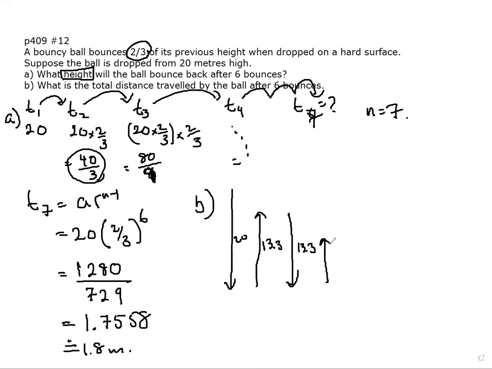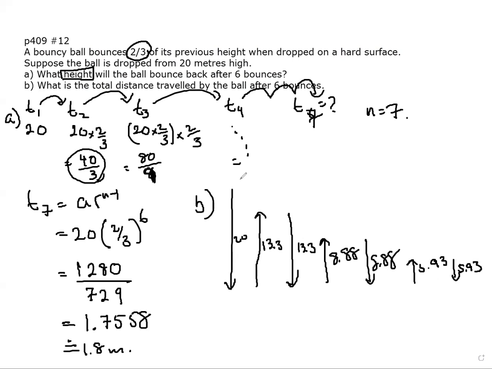I would jump up 8.88 and then go back down 8.88. And then from there, I would have gone up 5.93 and gone back down 5.93.